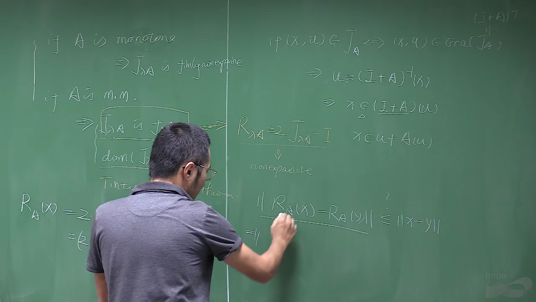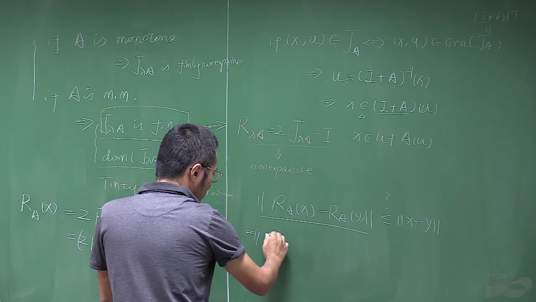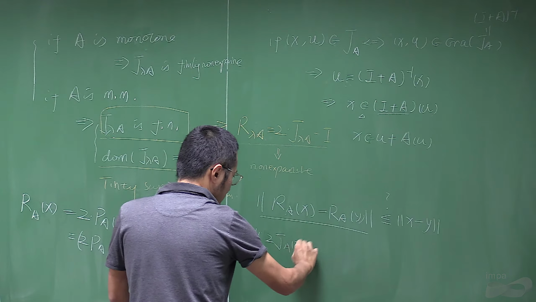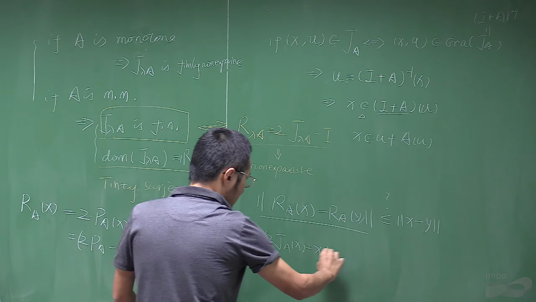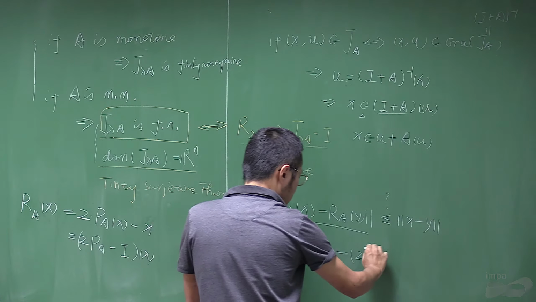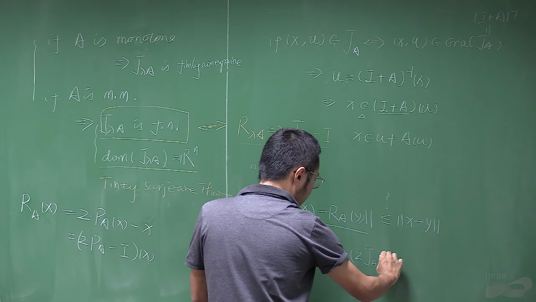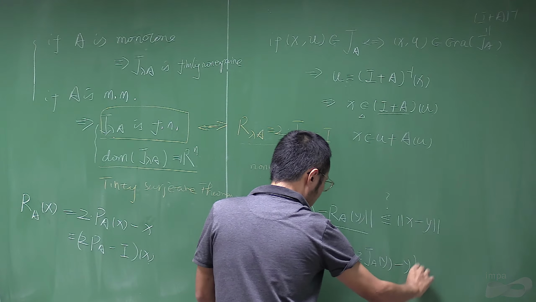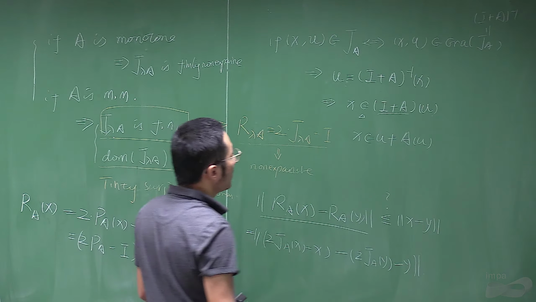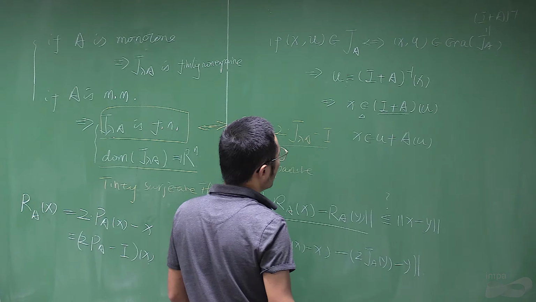So we expand it by the definition. It's just 2 times the resolvent of A at x minus x, minus 2 times the resolvent of A at y minus y.